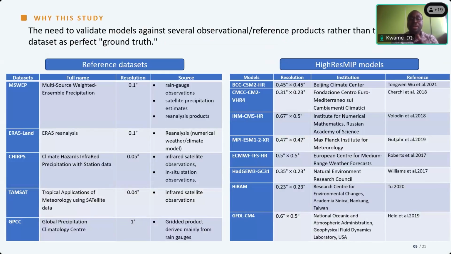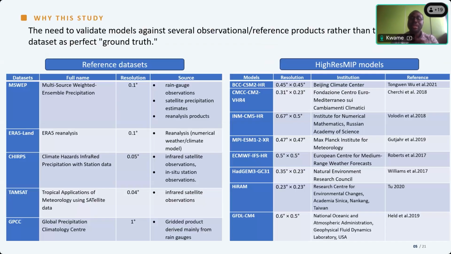These are a few of them that I worked with: MSWEP, ERA5-Land, CHIRPS, TAMSAT, and GPCC. Now you realize that all these reference data are a combination of different sources. GPCC is mostly made up of rain gauges from different station data, and CHIRPS and TAMSAT sort of complement each other because they are both from infrared satellite observations.